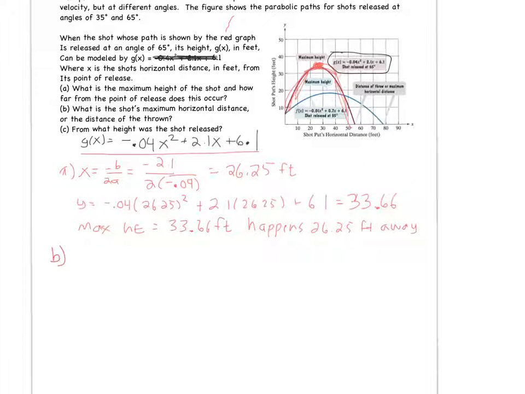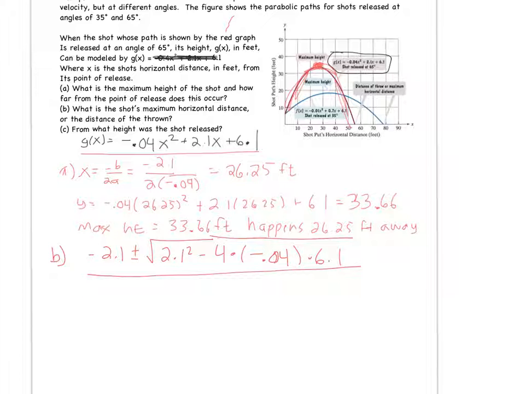So x equals opposite b plus or minus the square root of b squared minus 4 times negative 0.04 times 6.1 all over 2 times negative 0.04.